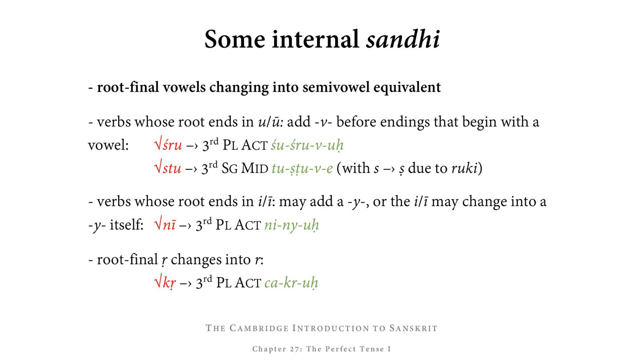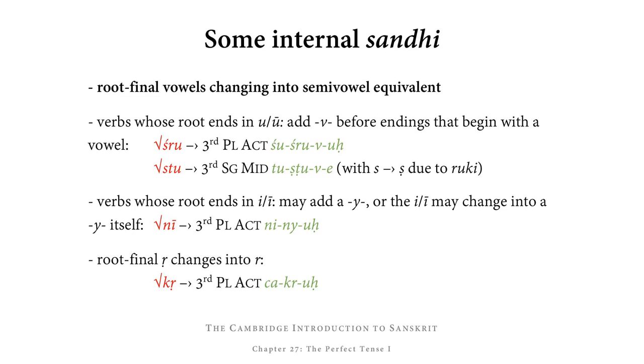In perfect forms, we also find some internal sandhi, and this mostly concerns root final vowels, which will change into their semi-vowel equivalent if they are followed by an ending that begins with a vowel. So, for example, verbs whose root ends in u or u add a w before endings that begin with a vowel.